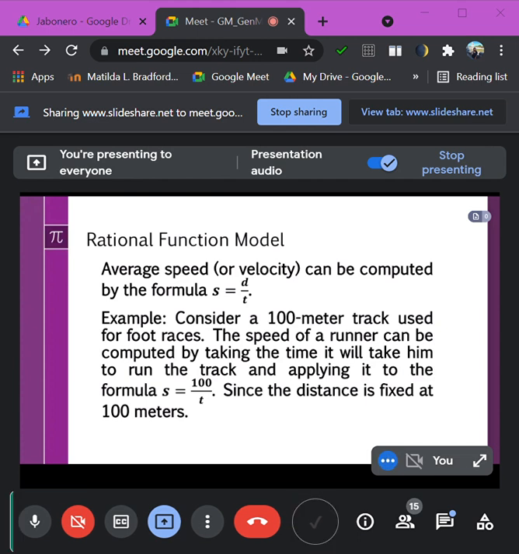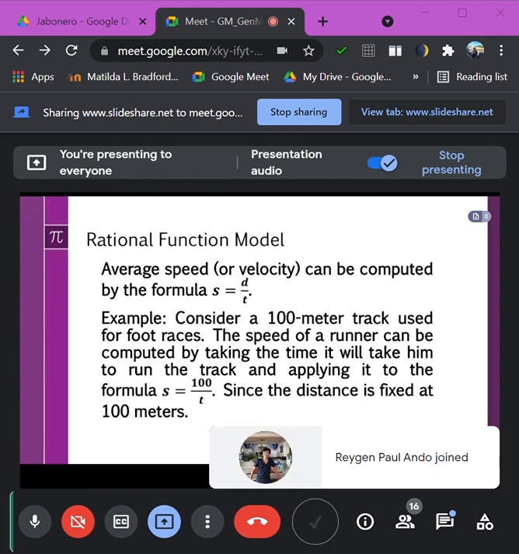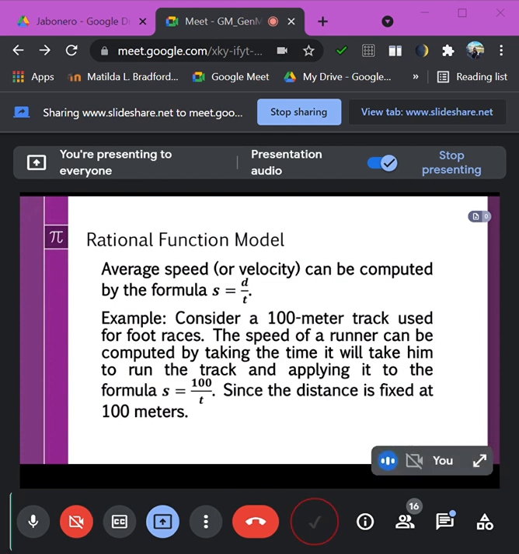So an example problem here is consider a 100-meter track used for foot races. The speed of a runner can be computed by taking the time it will take him to run the track and applying it to the formula S is equals to 100 over T. Since the distance is fixed at 100 meters.